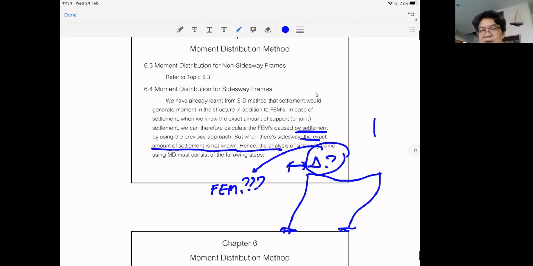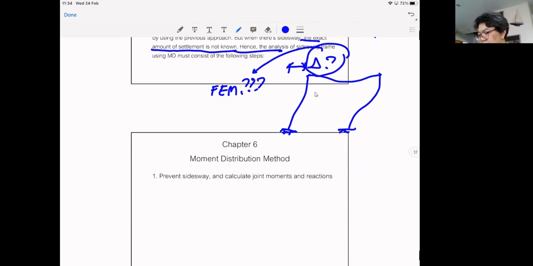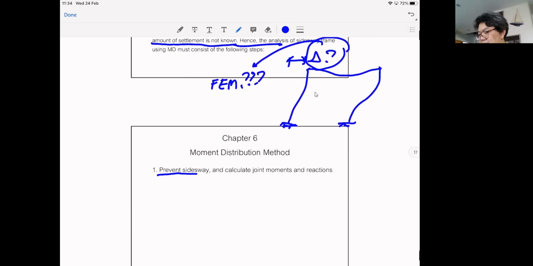Think about Professor Hardy Cross, who came up with this method. How could he devise this thing? If you have a side sway problem, here's what we need to do. First of all, you prevent side sway and you calculate everything.